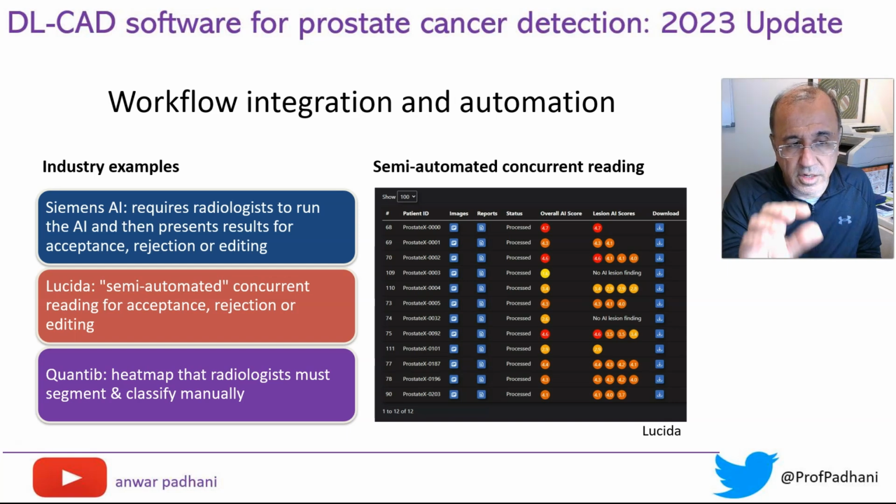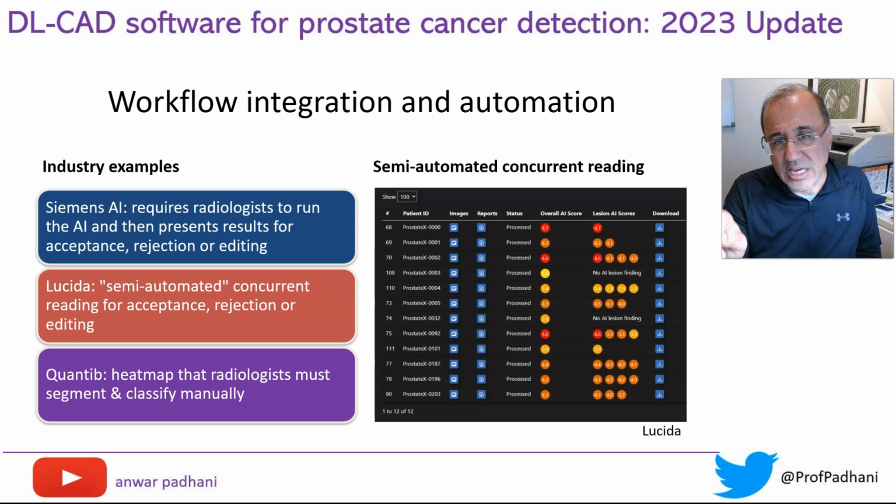The Lucida software, which is not yet commercially available, in fact is a semi-automated concurrent read, and it reads these before the radiologist even gets there and presents the menu that you see on the right hand side, where it's prioritized patients by the overall suspicion score and show you how many lesions there are and what the suspicion level for each lesion is.